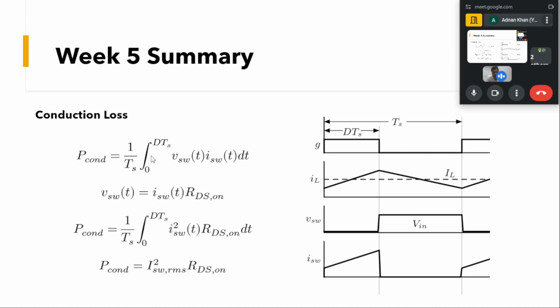That will be equal to 1 by Ts times the integral of V switching and I switching in this turn-on time, from 0 to DTs of V switching into I switching into dt, divided by the total switching time interval, and that will give you the average conduction power loss during a switching cycle.